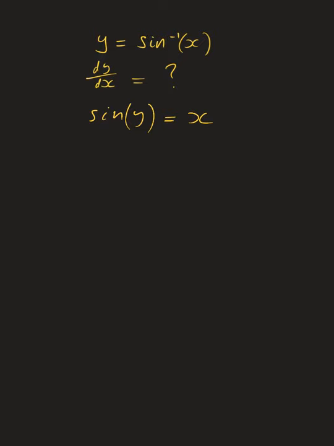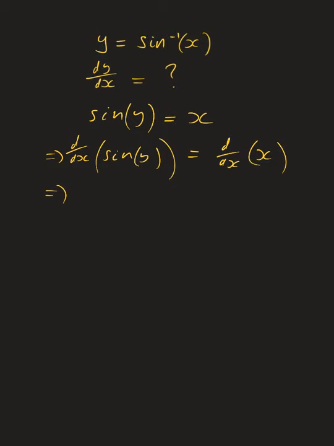So now we can differentiate this implicitly on both sides with respect to x. So the derivative of sine of y with respect to x is equal to the derivative of x with respect to x. So that implies the derivative of sine of y with respect to x, where y is implicitly a function of x.